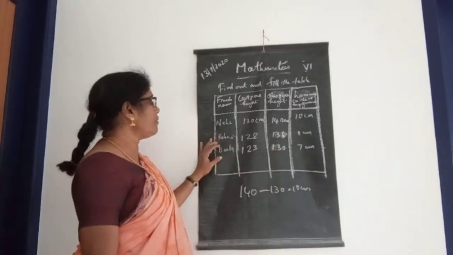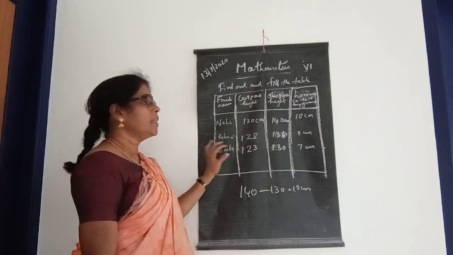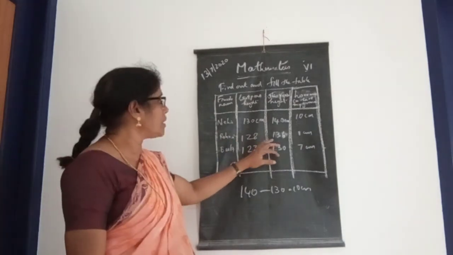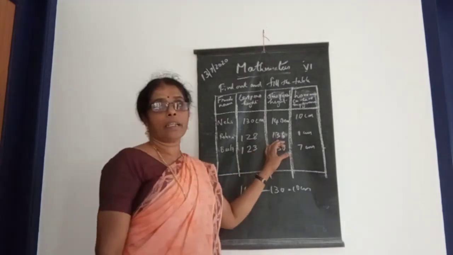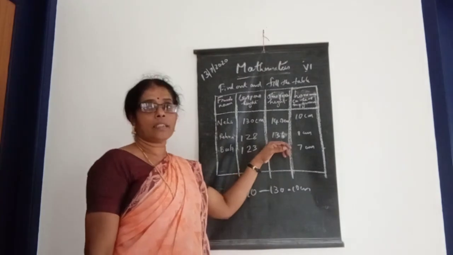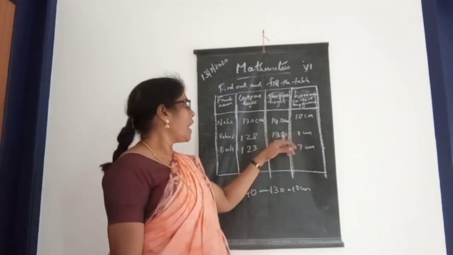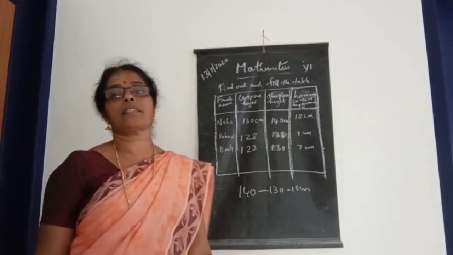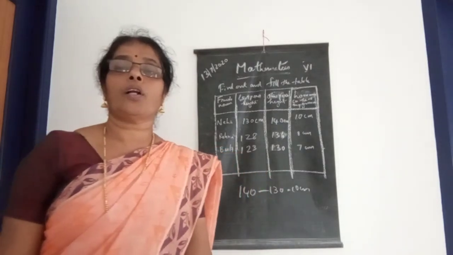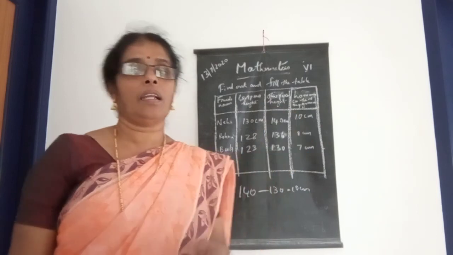Okay. Then the second one is Rana. Last year 126 centimeter and this year 136 centimeter. The difference between last year's and this year's is 10 centimeter. That means he has grown up 10 centimeter since last year.